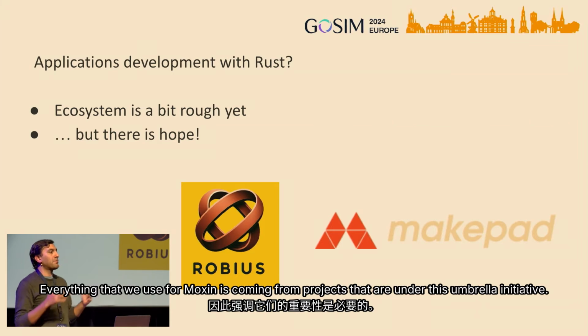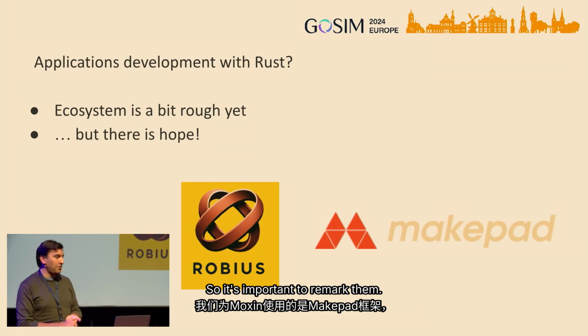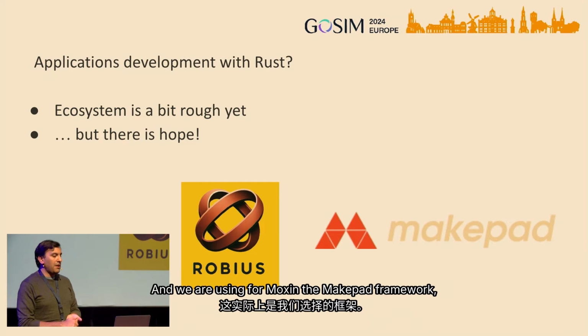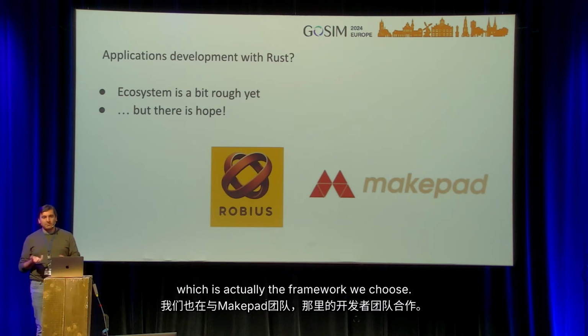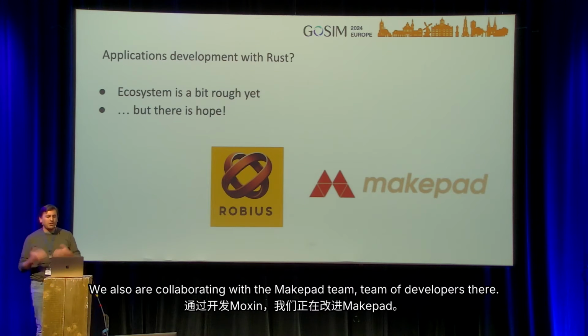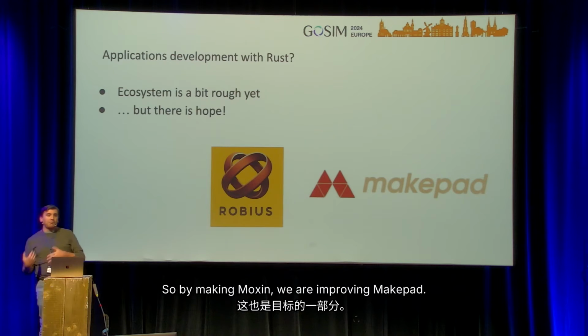Everything that we use for Moxin comes from projects under this umbrella initiative, so it's important to remark on them. And we are using for Moxin the Makepad framework, which is the framework we chose. And we are also collaborating with the Makepad team, active developers there. So by making Moxin, we are improving Makepad.